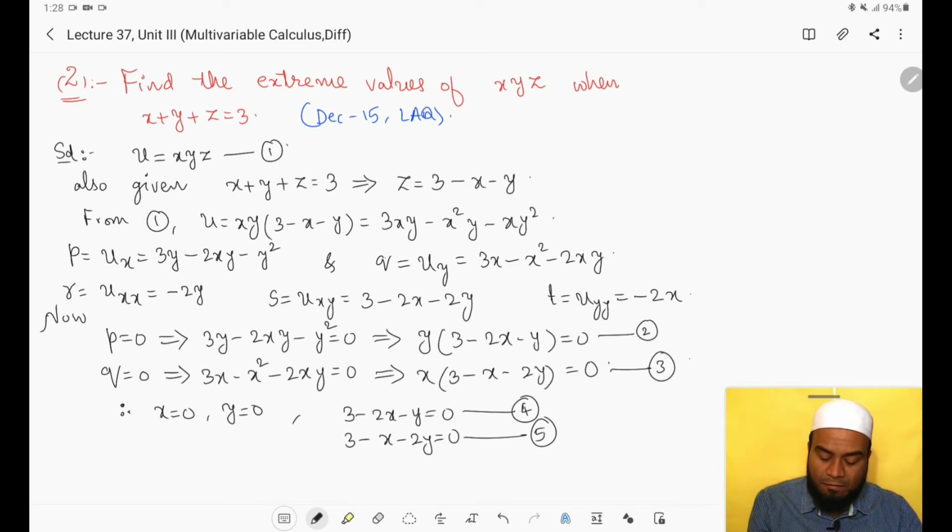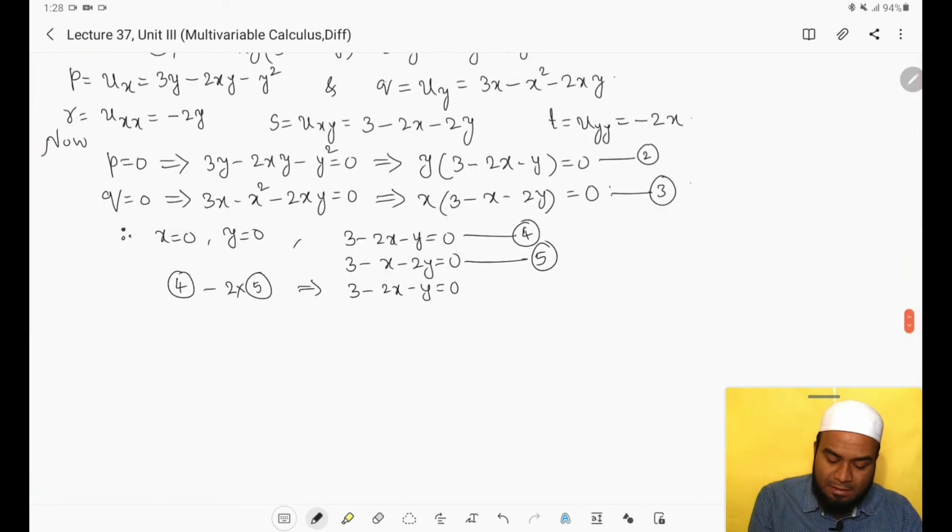You multiply the fifth equation with 2 and subtract from 4. So 4 minus 2 into 5. So what will happen? 3 minus 2x minus y equals to 0 will be as it is. Then the second equation will become, because we are multiplying with 2, 6 minus, because we are doing minus now, this will be plus 2x and plus 2y equal to 0.